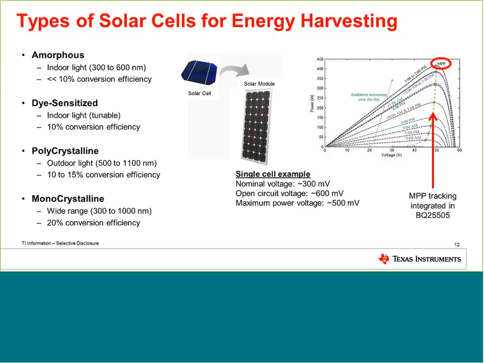Open circuit is considered double of that, that's 600, and maximum power voltage will be around 500 millivolts. Now, it's very important to say that the BQ part that we were mentioning before can do maximum power point tracking, and we can see on the graph that there is a maximum power, depending on the voltage that we are applying and on how much light we are shining on a single cell.